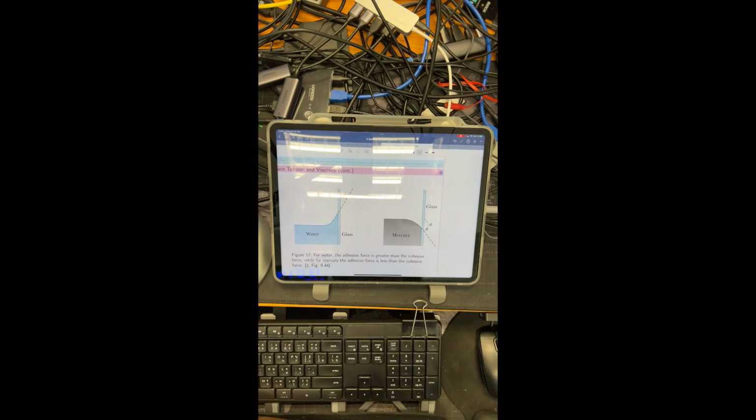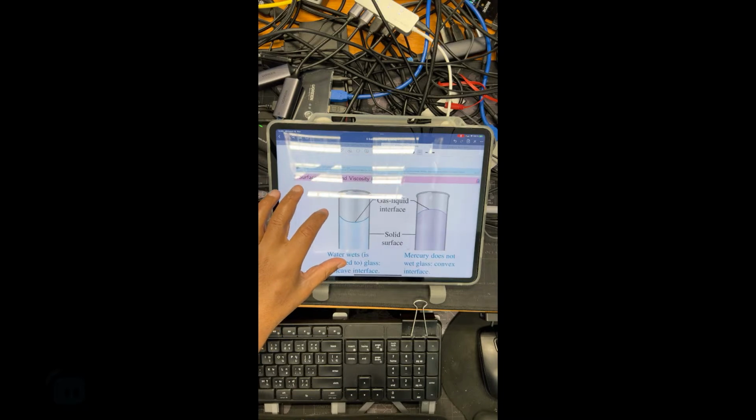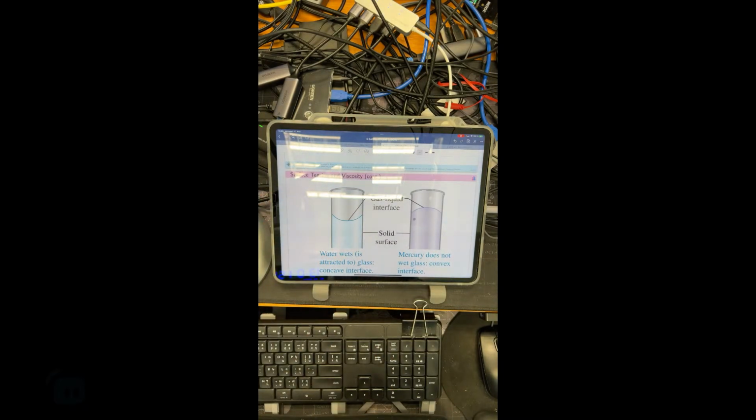And this one is greater than 90 degrees. All right, and let's go ahead. The gas-liquid interface and solid surface, right? Here we have a concave interface, and here is convex, right? Yeah, it's different.